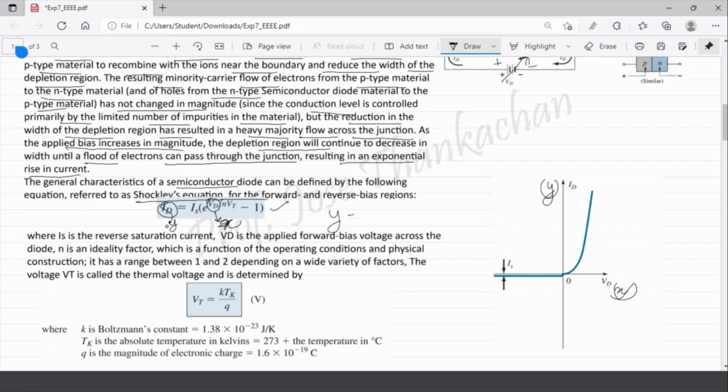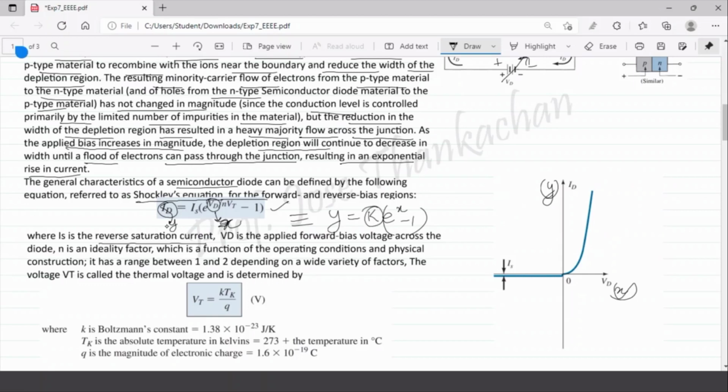Basically, y is equal to some constant k into e raised to power some constant into x, minus 1, something like this if you compare, isn't it? So it is a kind of exponential curve. Now what is Is? I told you already that this is the reverse saturation current. This constant k is nothing but the reverse saturation current.